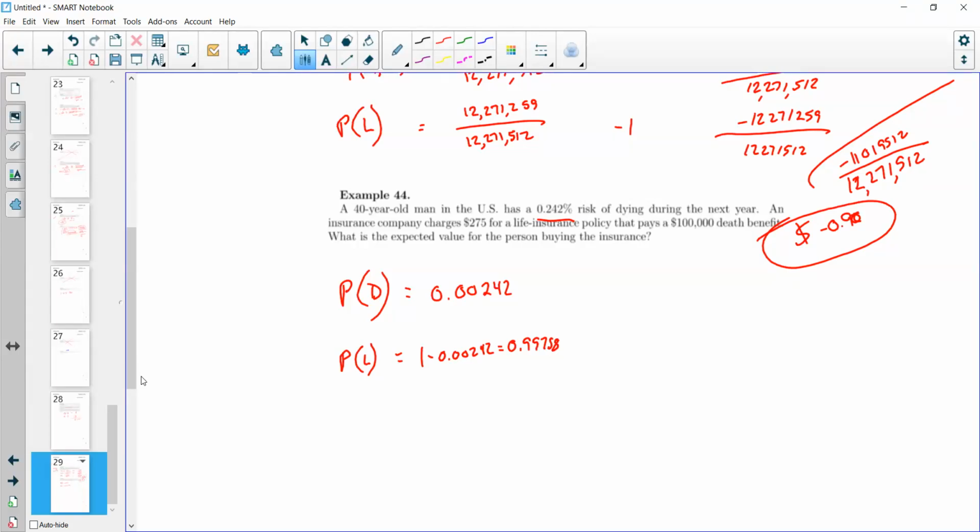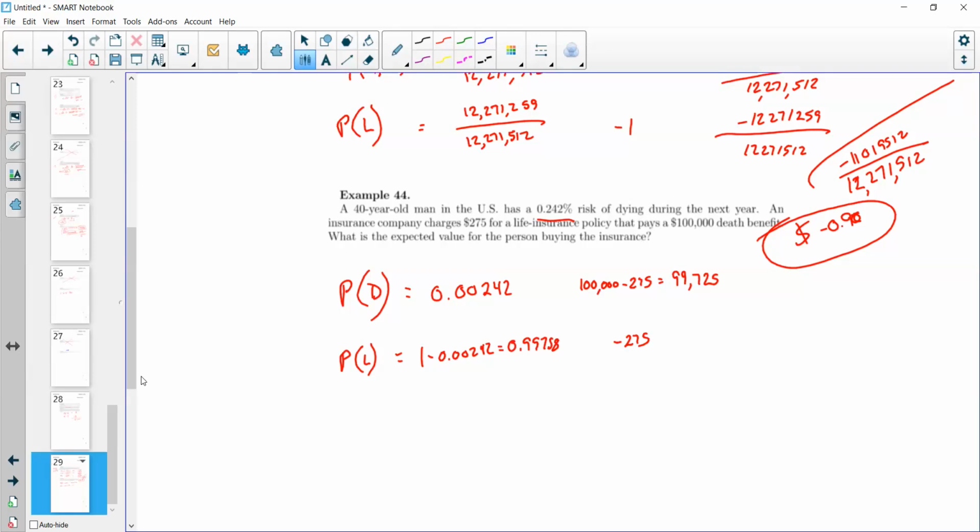So if he dies, what is the net gain? Well, his survivors would get $100,000, but then he paid in that $275. So the net gain is $99,725. Okay? And then, of course, if he lives, he's out the $275.